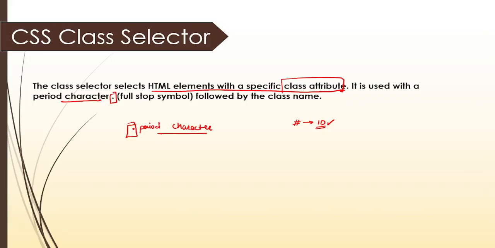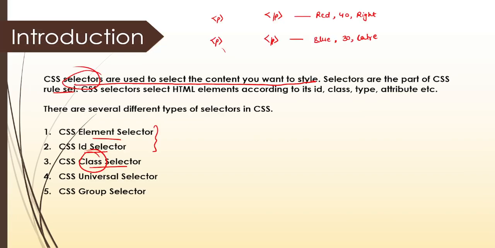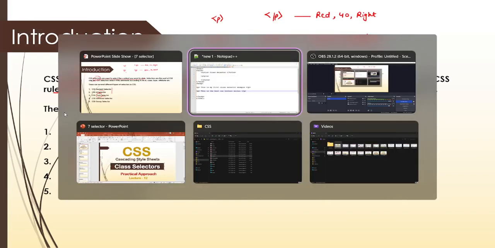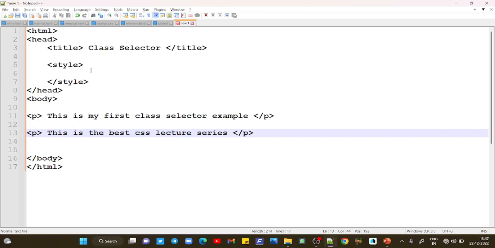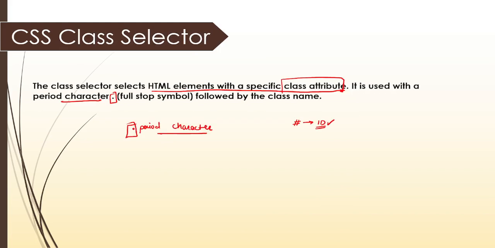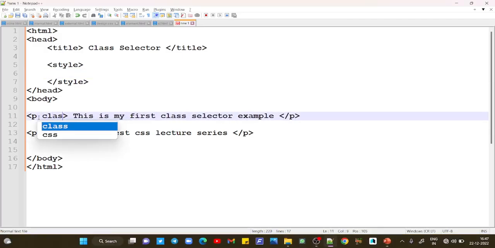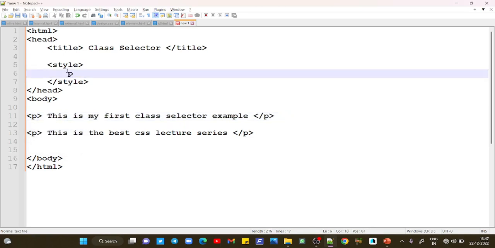Now, as I have told you, in this particular example I want to give my first paragraph red color, size 40 and right alignment. When we are talking about class selector, the symbol you use is the period symbol, that is a full stop. So give a paragraph name. Before moving to class selector, let's say I'm writing here paragraph, its attribute is color red, and then semicolon.